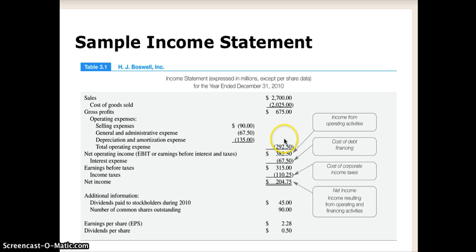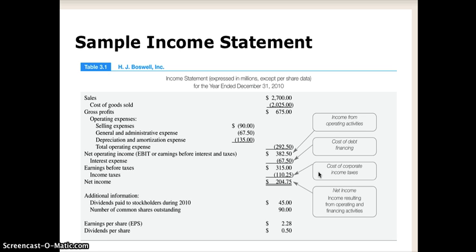Again, that gets subtracted from the gross profit, and that leaves you with a net operating profit of $382,500. You can also do the same calculation for net profit margin by taking 382.5 and dividing it into 2,700 to find out what the company's operating profit margin is.